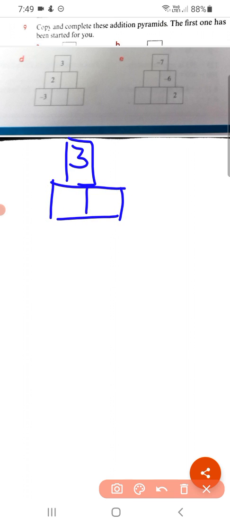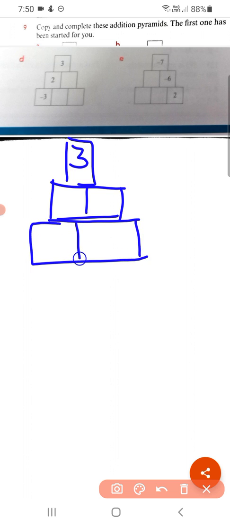the number in the first row is given, that is 3. We have to find the numbers in the next rows. Second row, third row.